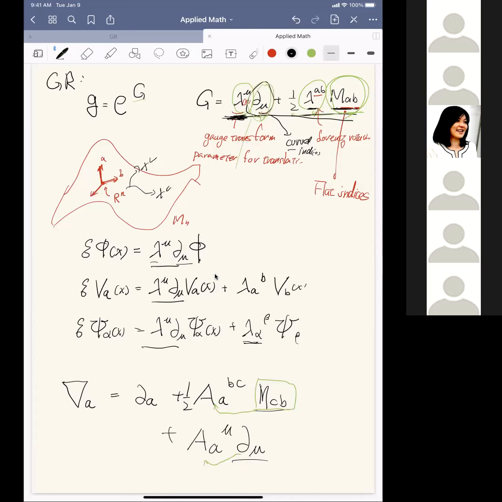There are two derivative terms. Exactly. These terms look almost the same.